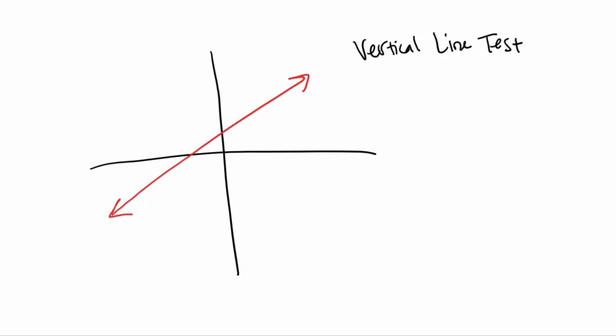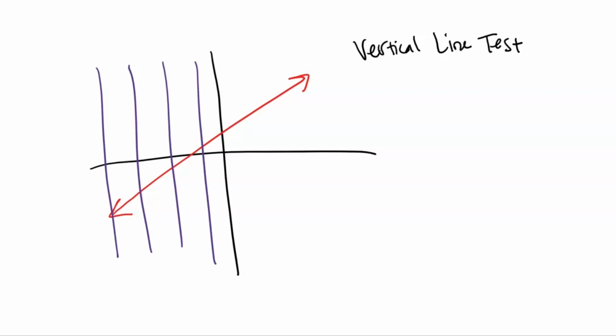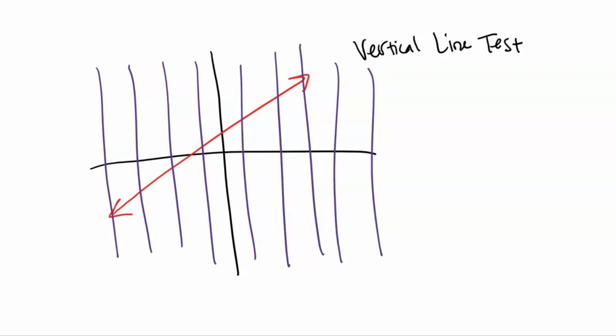According to the vertical line test, if I draw a vertical line anywhere on this graph, it doesn't matter where, if it only goes through my graph once, then that is a function. These purple lines I drew, anywhere I draw one of them on the graph, it's only going to cross the red line once. So if it only crosses once, then it is a function.